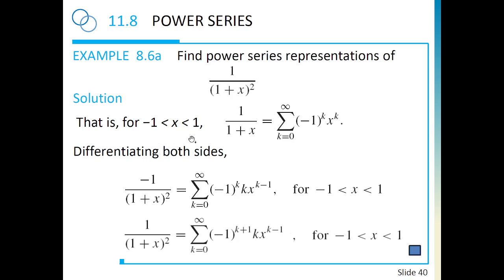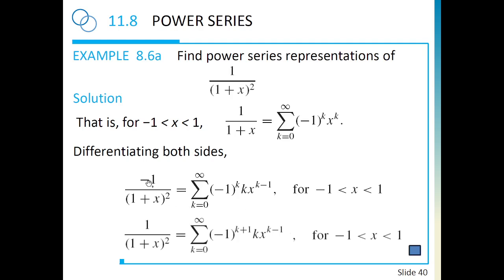It is important to keep writing the interval of convergence, because this equality here is valid for x's between -1 and 1. So when I differentiate, it's still valid only for values of x between -1 and 1. Okay, so I need to keep writing this just to remind myself of validity of this equality. When is this equal? It is equal for x's in the interval of convergence.